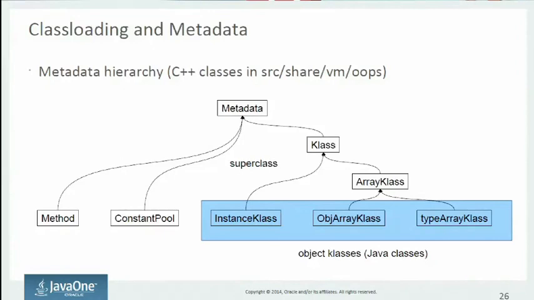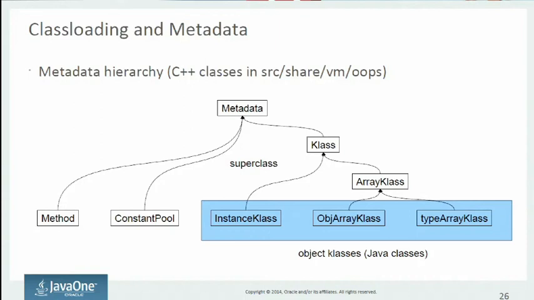And then here's this little class hierarchy over on the right. These three subclasses in the blue box represent all of the possible classes that a Java object can be in HotSpot. An InstanceKlass is a class that has been loaded, so it's basically a user-defined class.